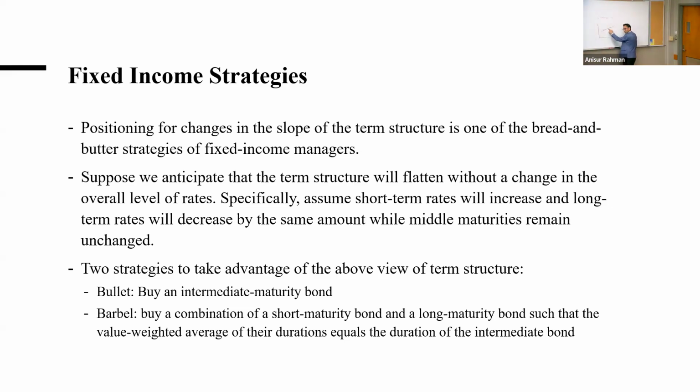And that is your intermediate bond. If you invest only in the intermediate bond, that is your bullet strategy, just one bond. Barbell is, you have two positions. One is short term and the other is long term. But you have to construct in that way, the duration of the bullet equal to the duration of the barbell.